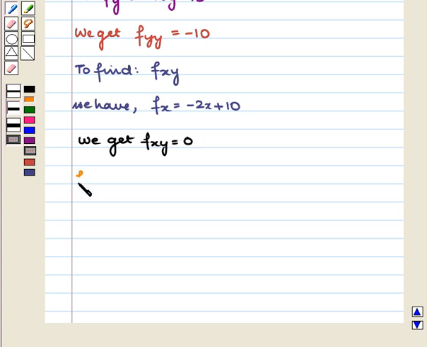So now f sub double x at (5, minus 1) is equal to minus 2, f sub double y at (5, minus 1) is equal to minus 10, and f sub xy at (5, minus 1) is equal to 0.